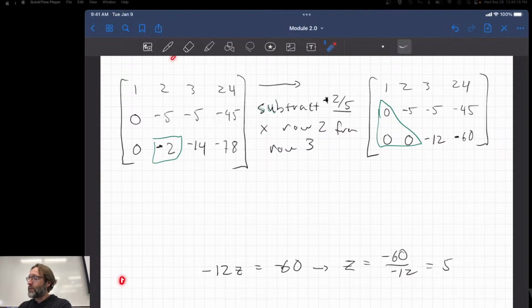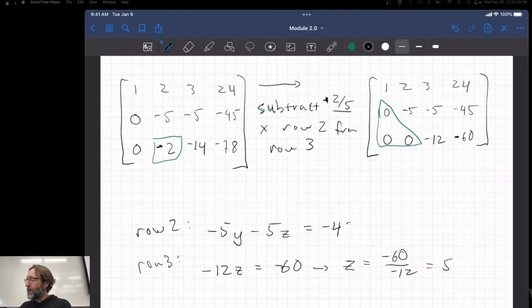This was row 3. Now go up one row to row 2. We have that negative 5y minus 5z is equal to negative 45. Right? But guess what? We've already solved for z. So if we plug that back in over here, then this just becomes a number.